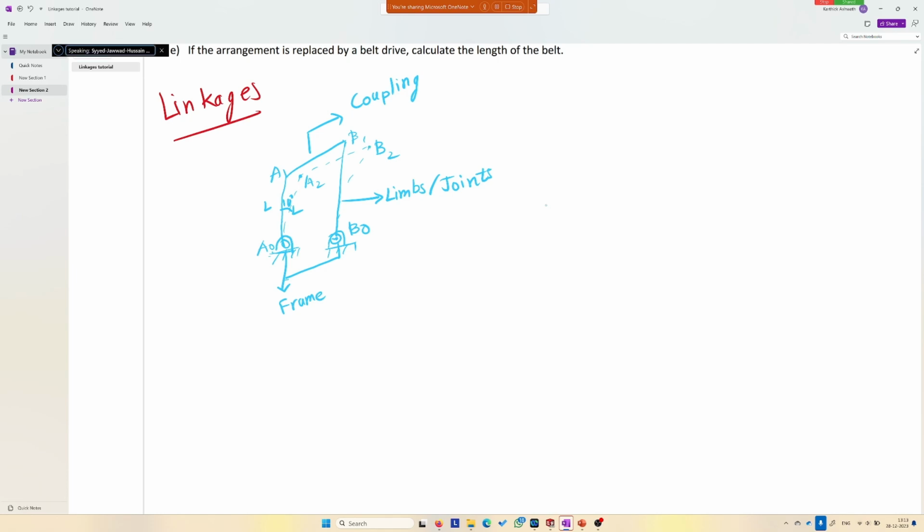But we know one thing, this B2 and A2, that distance does not change. Let us say that is M, this is always M, and this B1, B0, let us say that is N, this is also N. So from A2, we can take a circle of radius M, and let us say this is B0.